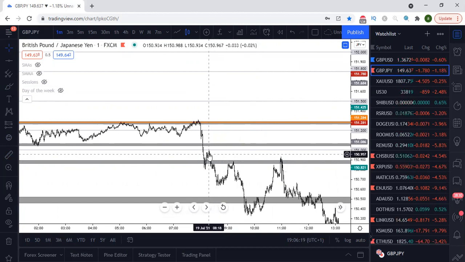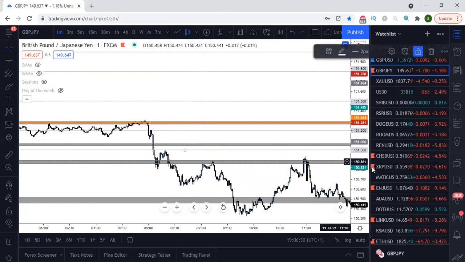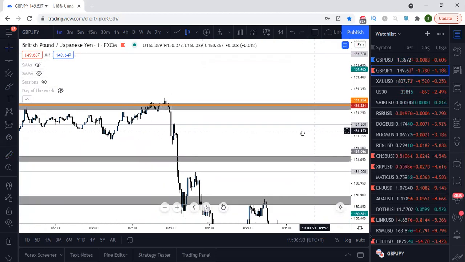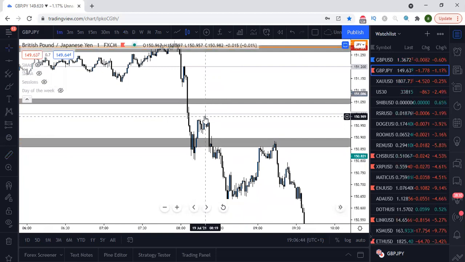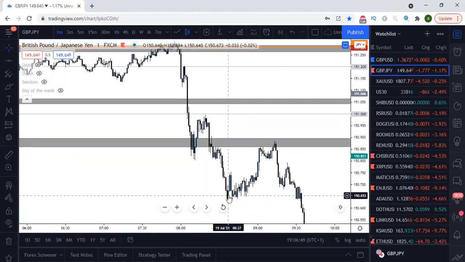No, it wasn't even this, it was around here. I got in at like 2 or something. So it came down to 80. I got in at this point once this candle went down. That's at 5 past 8, and then by 7 past 8, you're already down 20 pips. It came back up and then dropped down again within the next 20 to 30 minutes. This is exactly what happened.